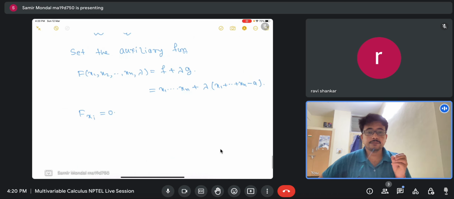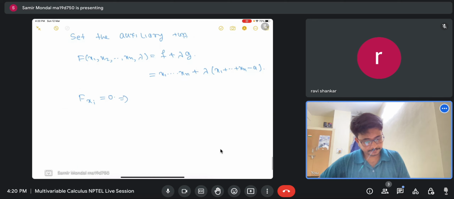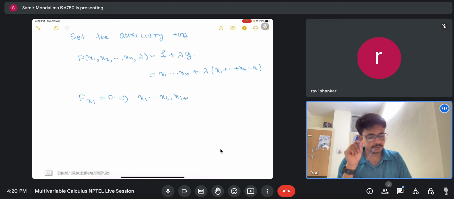If we take the partial derivative with respect to xi, what will we get? We will get the product of x1 up to x(i-1), only that ith component will not be here, times the product up to xn, plus lambda equal to 0.